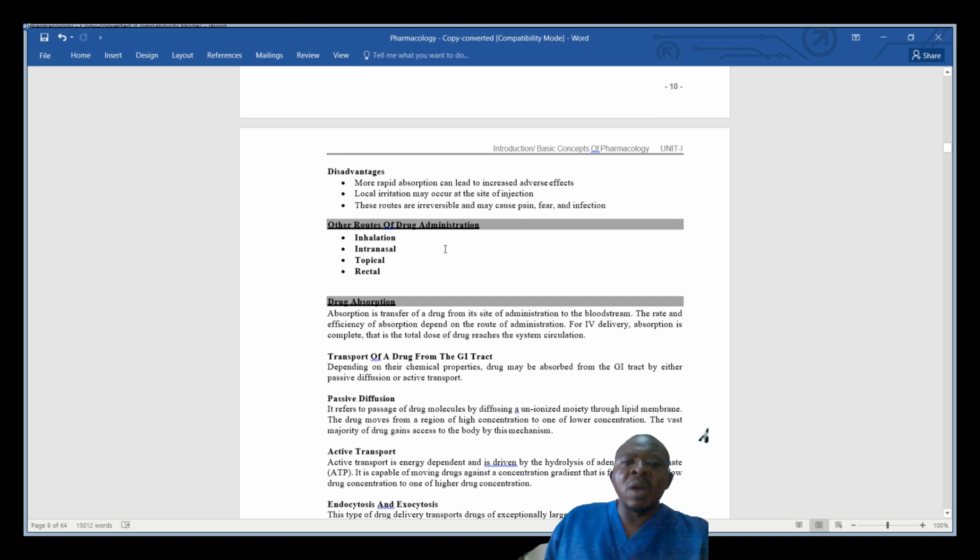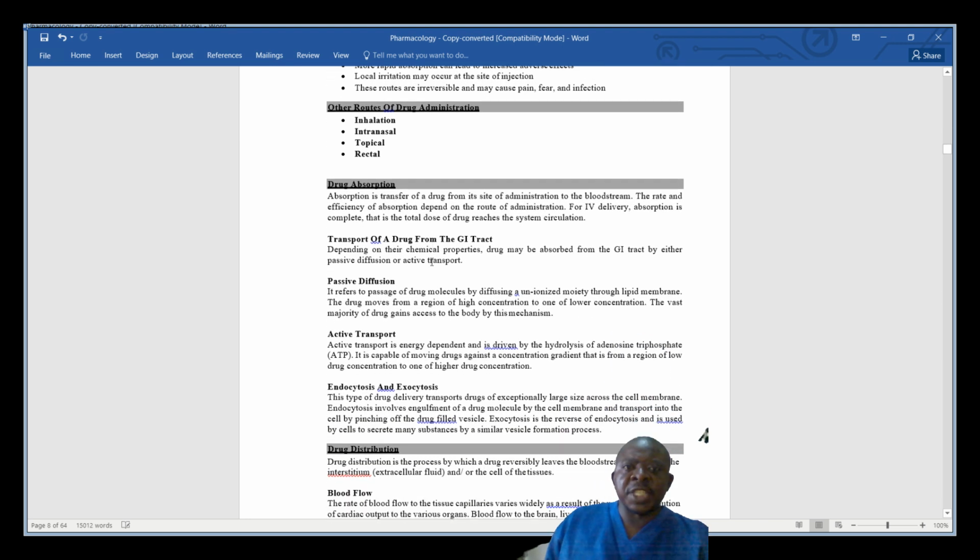These other routes are not parenteral. We are saying other routes other than parenteral and other than enteral: inhalation, intranasal, topical, and rectal. They do not fall under parenteral or enteral. These are just other routes of drug administration.